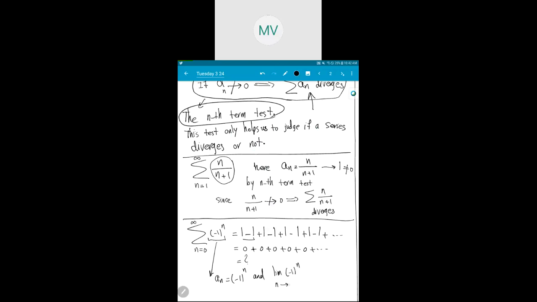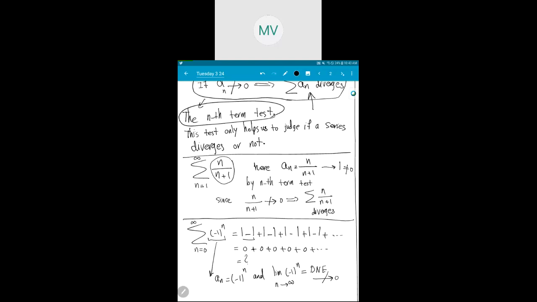As we talked about yesterday, the limit of negative 1 to the n as n approaching infinity doesn't exist. Meaning it does not go to 0. I don't care, it doesn't go to 0.